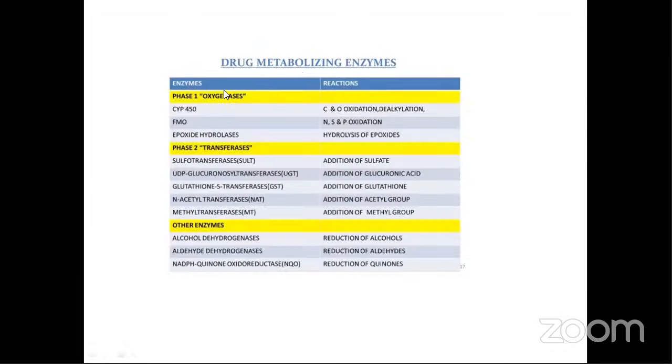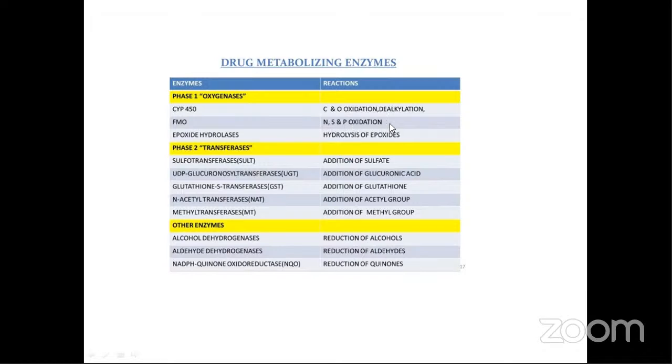Next, what are the main enzymes under phase 1 and what are the reactions? For oxygenases, there will be CYP450, FMO and epoxide hydrolase, and they are responsible for different reactions. CYP450 handles carbon and oxygen oxidation or dealkylation.